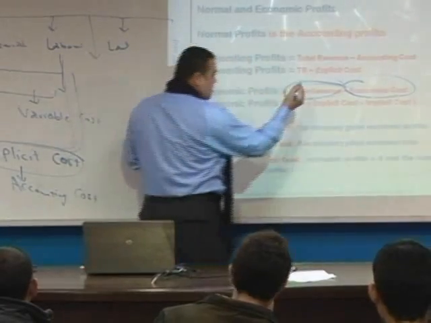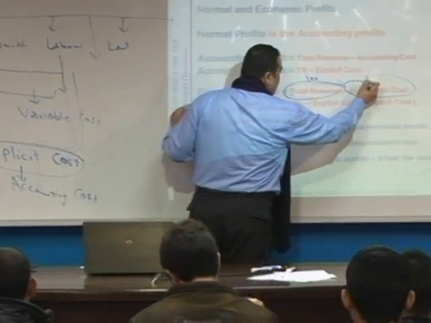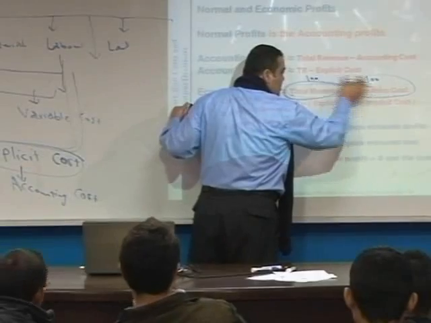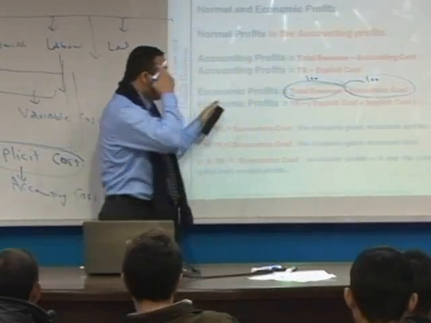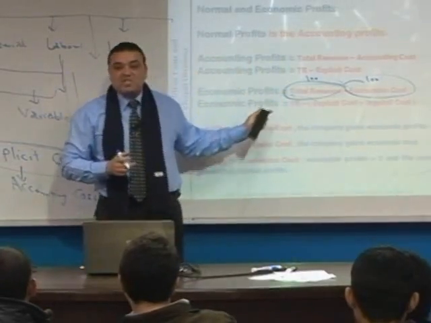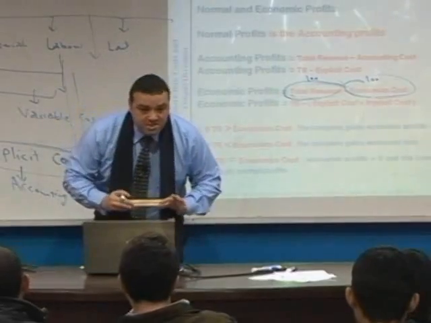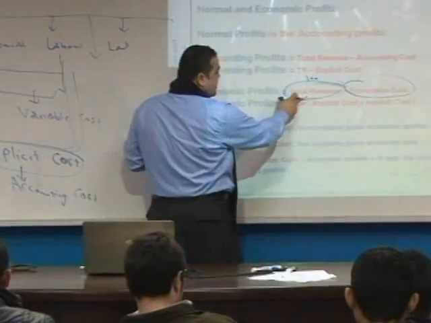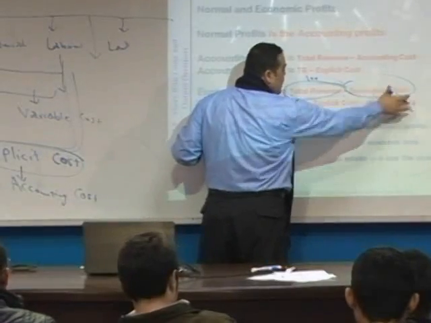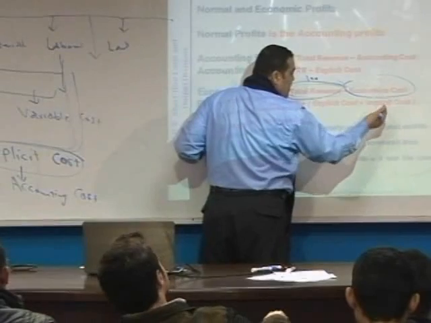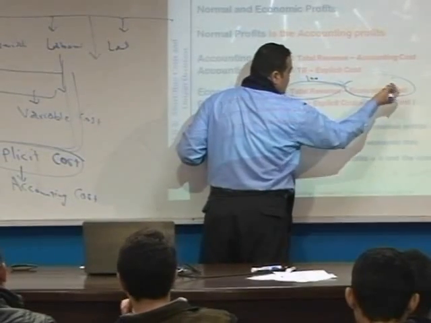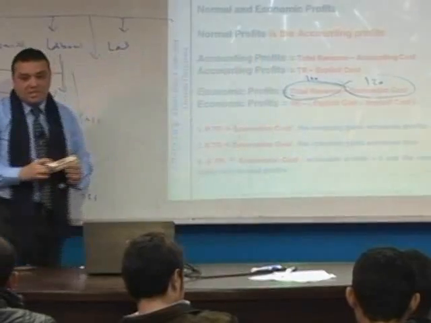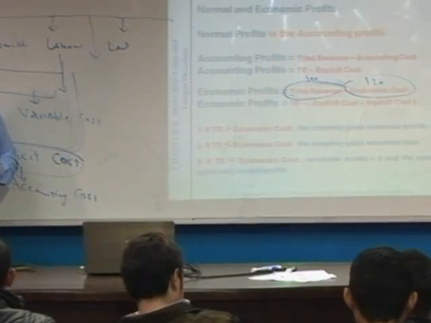So suppose this is 100: if the total revenue equals the economic cost, in this case the economic profits equal 0, and it's called the normal profit in economics, right? If the total revenue is smaller than the economic cost, the company gains a loss, by $20 in this case, right? Okay?